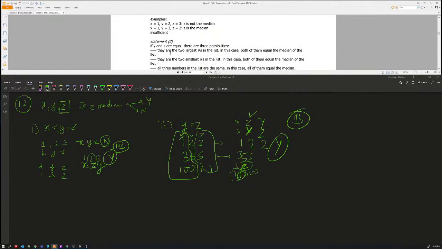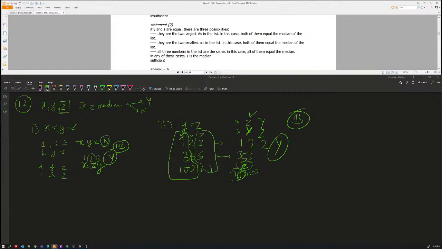Examples are x equal to 1, y equal to 2, and z equal to 3, where z is not the median, and x equal to 1, y equal to 3, and z equal to 2, the same example that we took. It's very easy to prove that. Statement 2: if z and y are equal, then there are three possibilities.